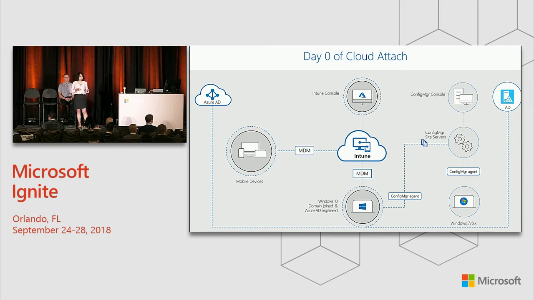This is a high-level architecture diagram that we have. On the right-hand side is your ConfigMgr infrastructure, and it's managing, I'm using an example of a device that's hybrid AAD joined. So business as usual, you already have your policies all deployed to this device.